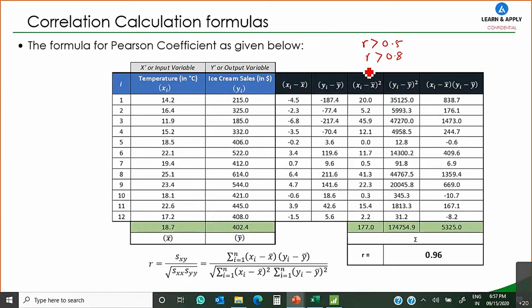Now, if R is equal to 1, we can see there is a perfect correlation or perfect relationship between the two variables. So there is a perfect increase or decrease in the other factor once you change the first factor level. So for a very high correlation, you must have the R value more than 0.8.